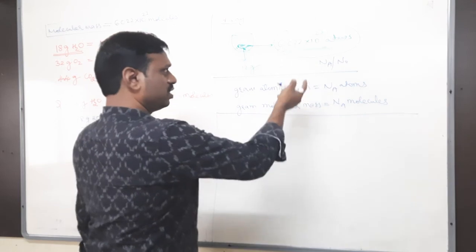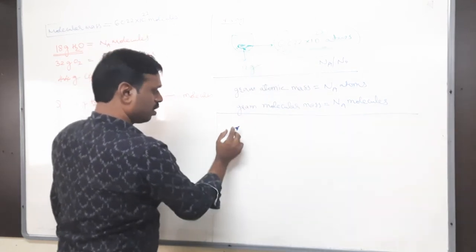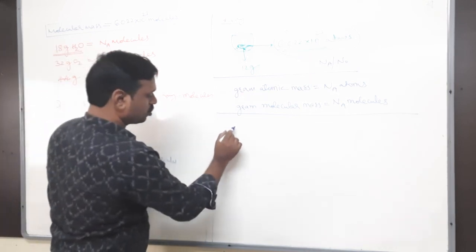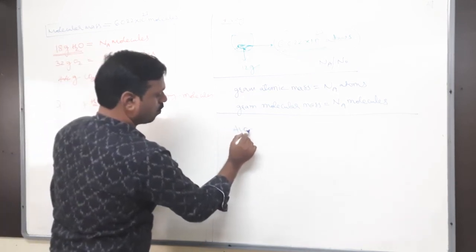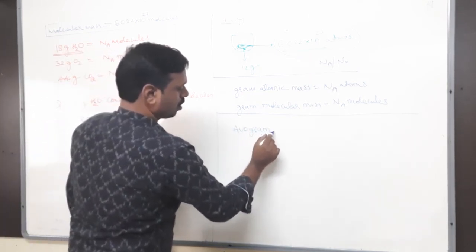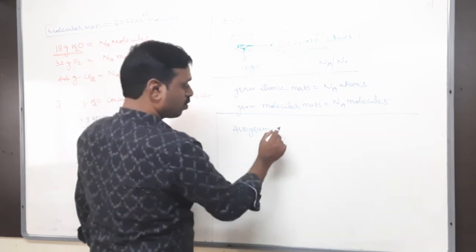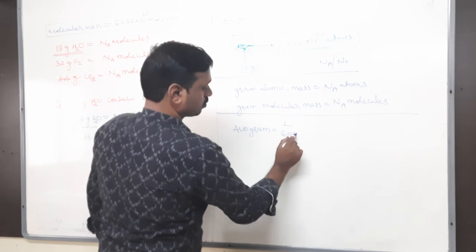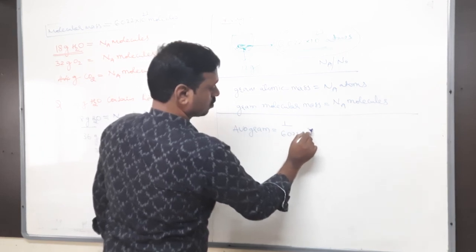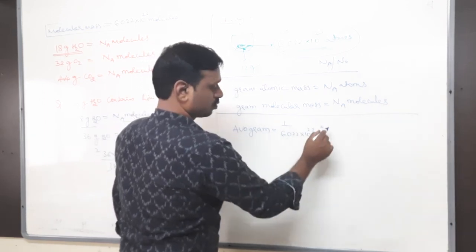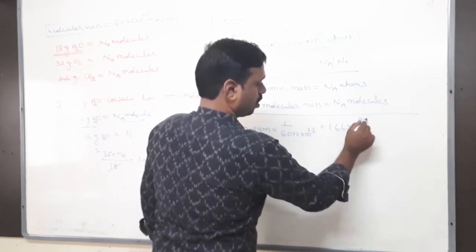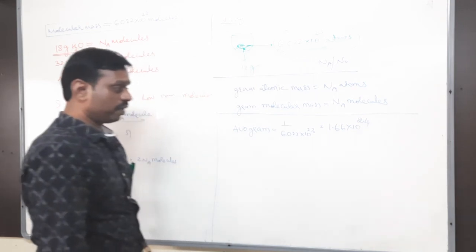The reciprocal of the Avogadro number is called Avogram. There is one more definition, take down Avogram. The reciprocal of the Avogadro number is called Avogram.